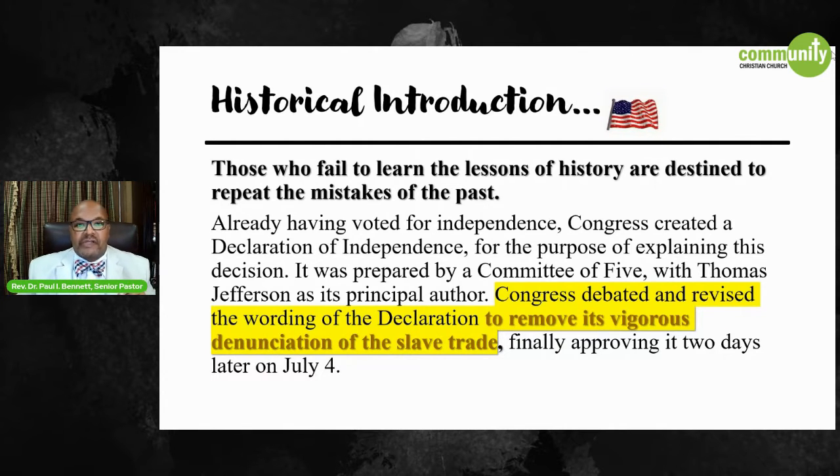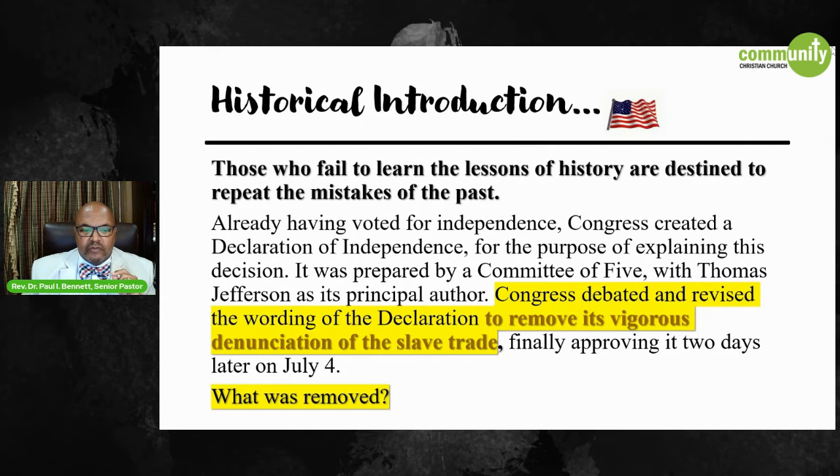And Thomas Jefferson initially had a vigorous rebuke of it in the original rough draft. But 2 days later, after debate and arguing back and forth, something was removed. What was removed? I'd like to show you.